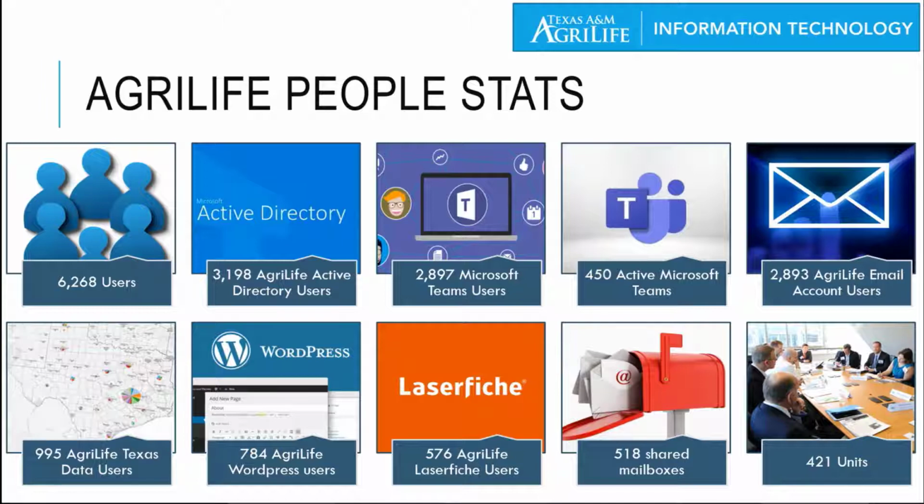And so all of these numbers, 6,268 users, 2,897 Teams users, all of this information is managed through AgriLife People. Most of these are self-service. So it's just kind of cool to see how big of an impact this one site has.